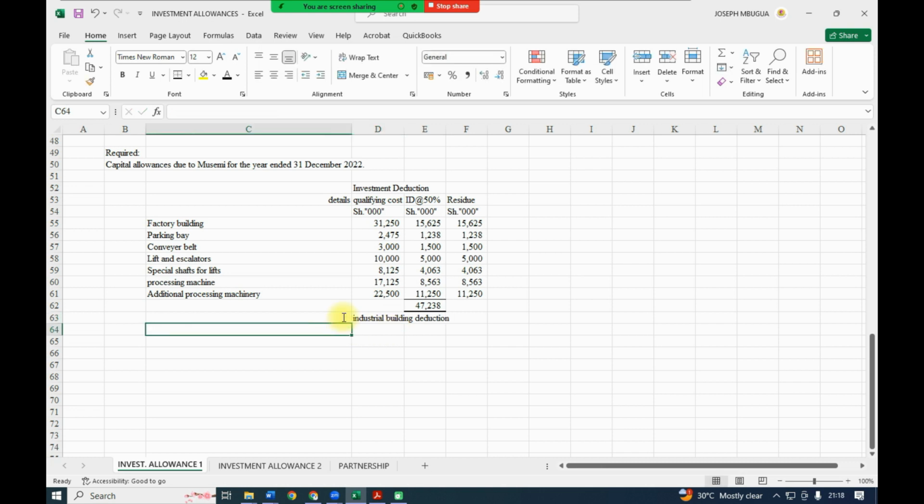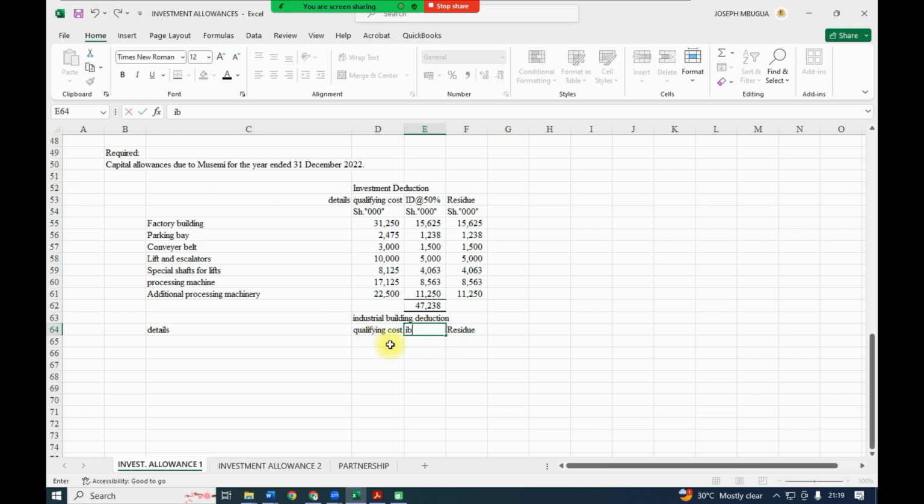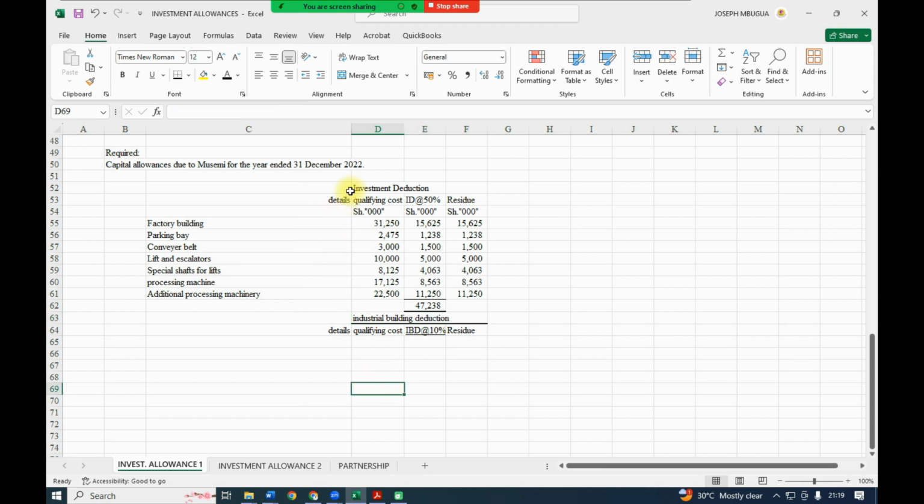And still it will have the same details and these others, but here we shall have IBD at 10%, and the rest is the residue. Yeah, that way. So we calculate and we deal with that one.